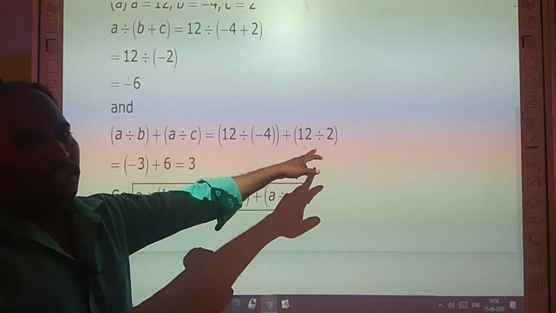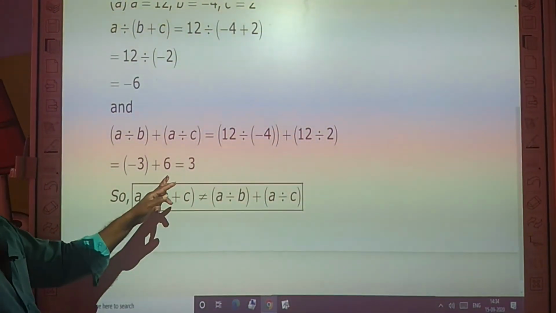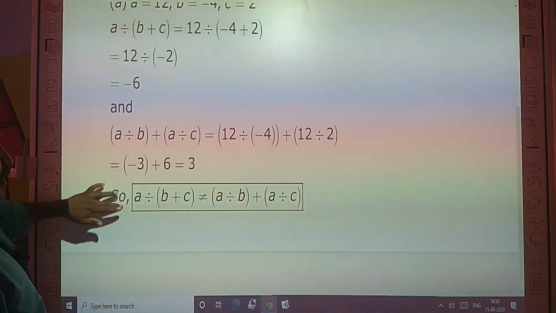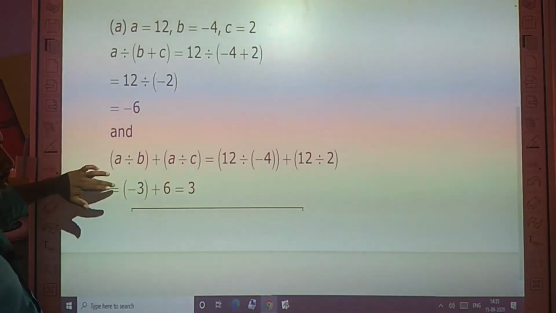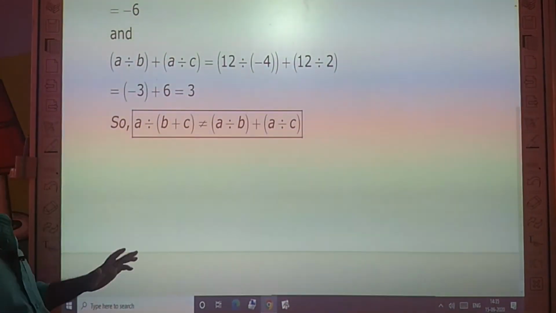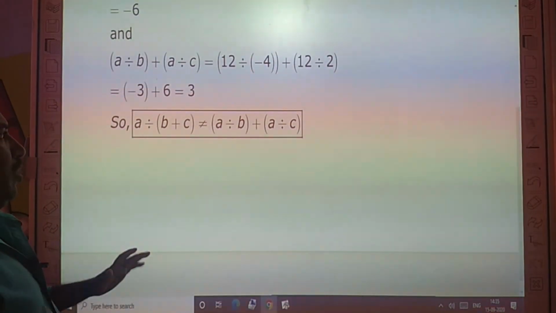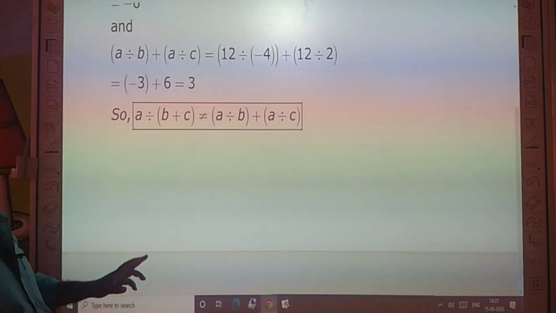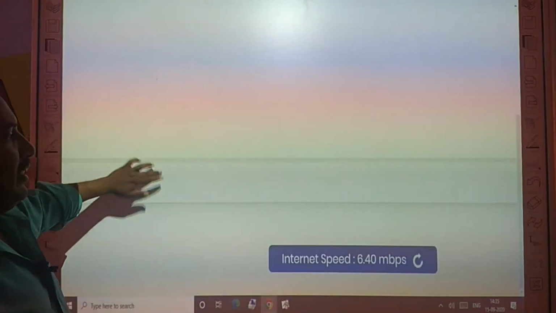Then plus 12 divided by 2, which is 6, since 6 twos are 12. Minus 3 plus 6 is equal to plus 3. So LHS is minus 6, and RHS is 3. Minus 6 is not equal to 3. So A divided by (B plus C) is not equal to A divided by B plus A divided by C.